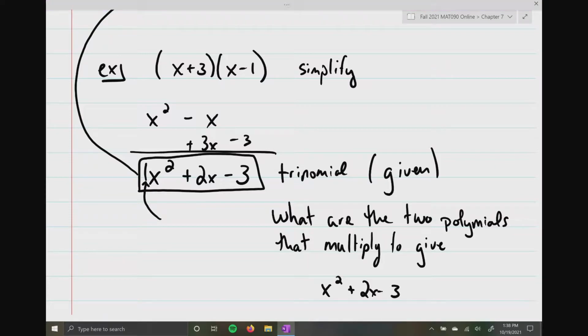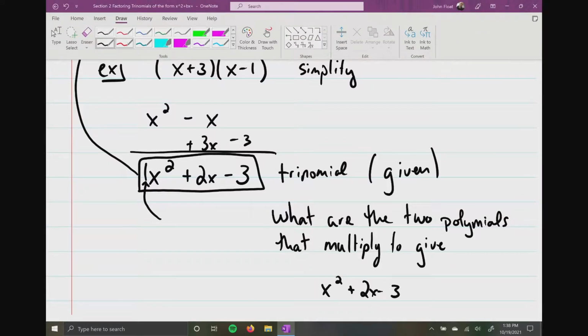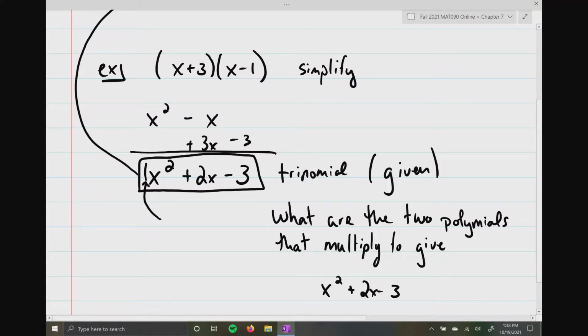And the two polynomials are going to be very specific now. First, the two polynomials that we are looking at, and I'm writing this in red, are both a binomial. So that's basically the first idea.